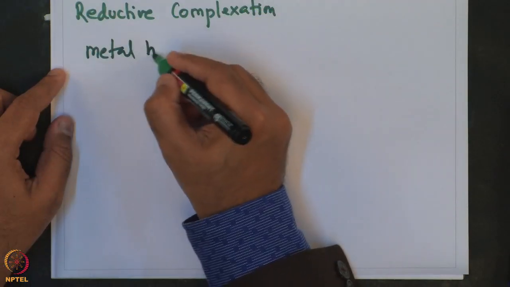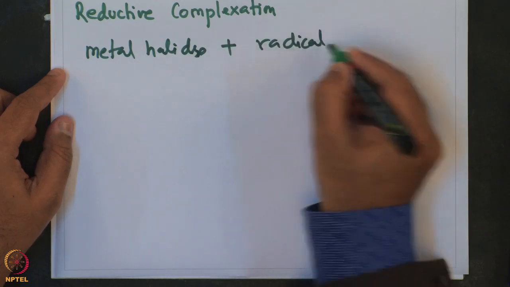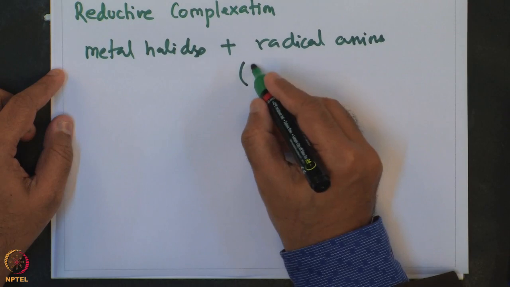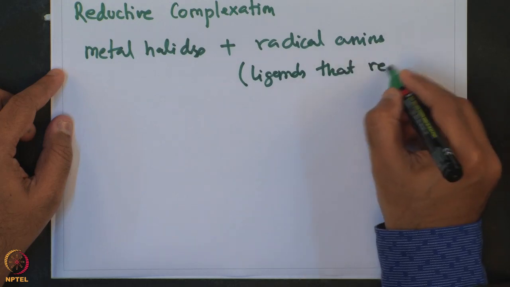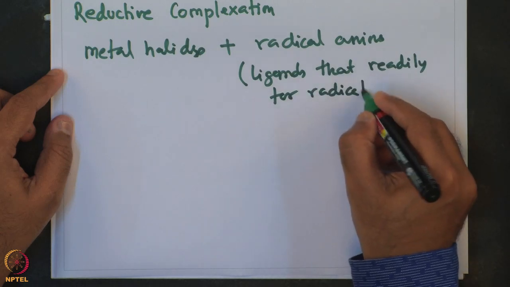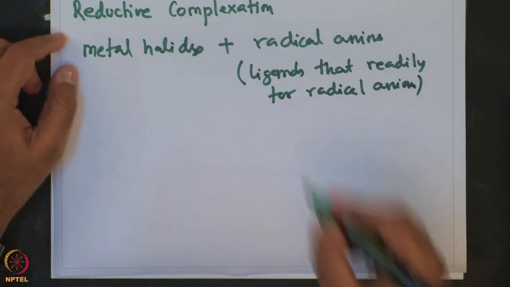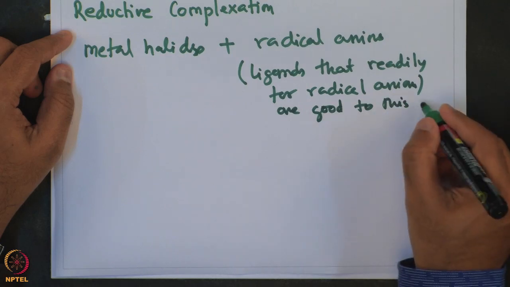So, this reaction proceeds for metal halides plus radical anions, and hence ligands that readily form radical anions are good for this method of synthesis.